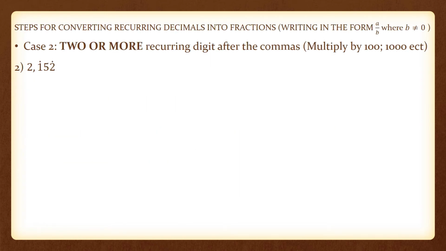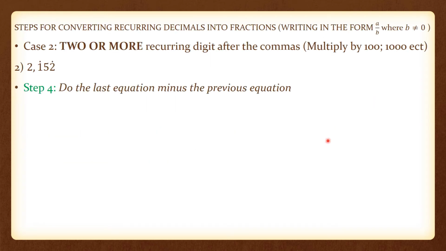Step 4, do equation 2 minus equation 1. Now we have equation 2 minus equation 1. Now you can see that we have 152s on both equations. 152 on the decimal part, 152 on the decimal part.